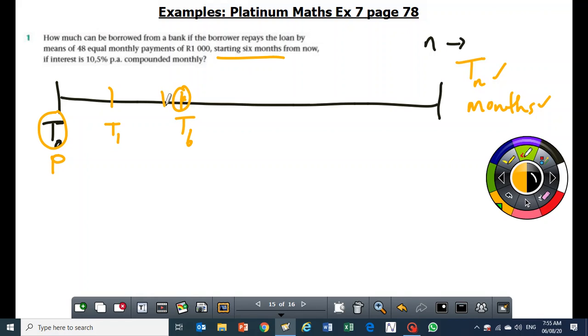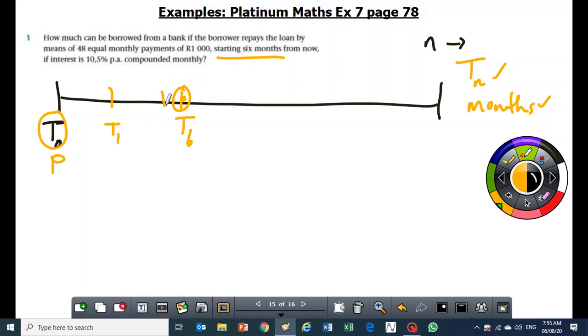No, the person is going to make a payment here. Remember, the payment is made at the end of the month, not at the beginning of the month. So your n is going to be 6 minus 1, because T0 is not included, because we are dealing with a loan.